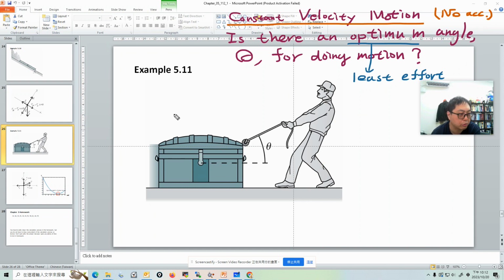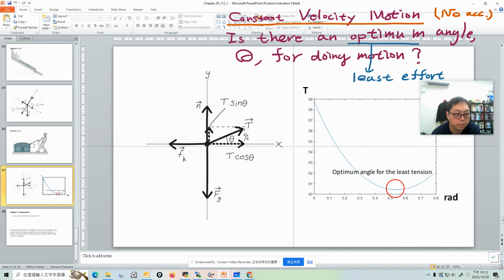Next, let us do the force analysis on this box. Since there is no acceleration, we can use component language: summation Fx equals max, summation Fy equals may.